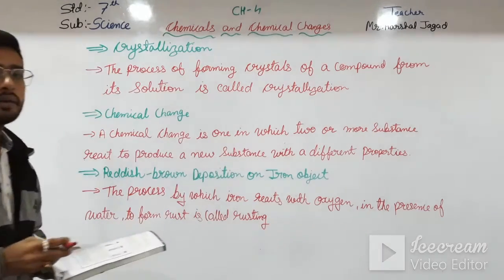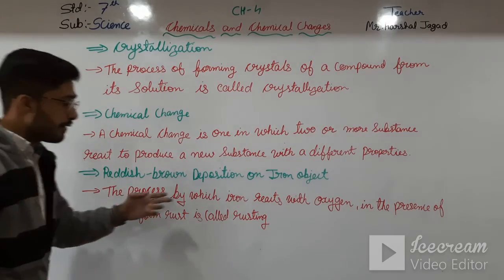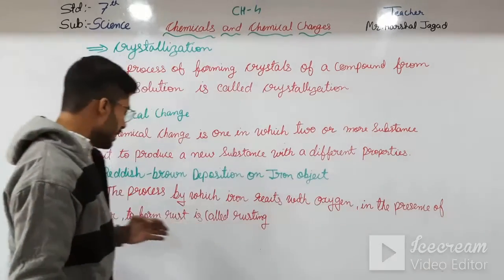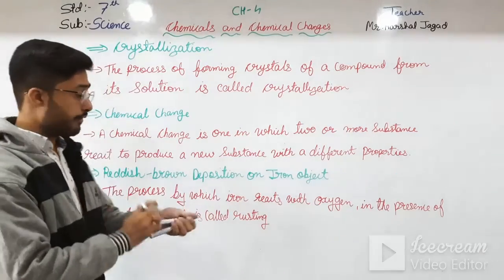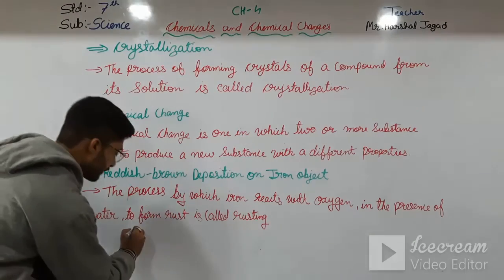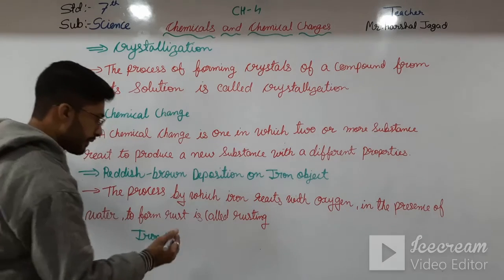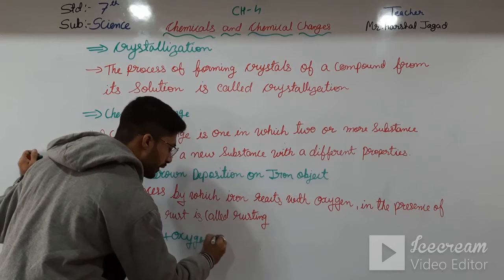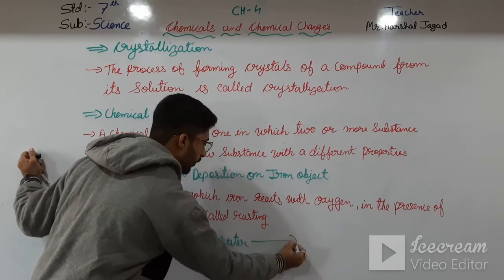Okay, this is called rusting. Here again, let us see the process by which iron reacts with oxygen in the presence of water to form rust. This is called rusting. Means if I say iron plus oxygen plus water, what will it form?